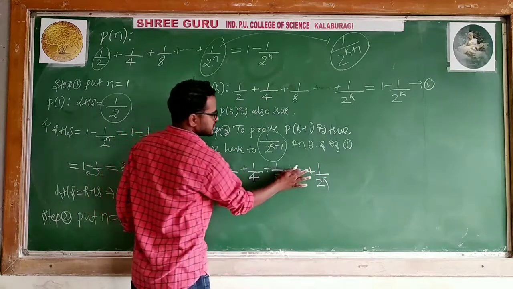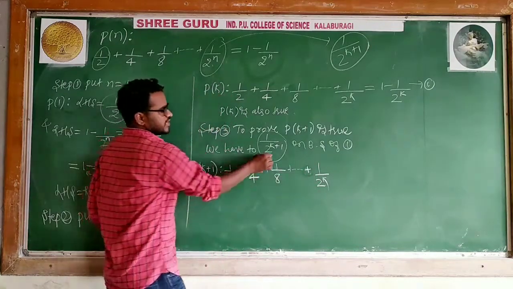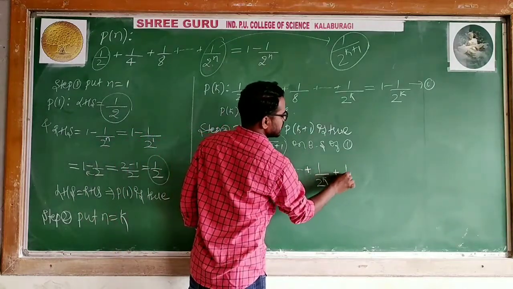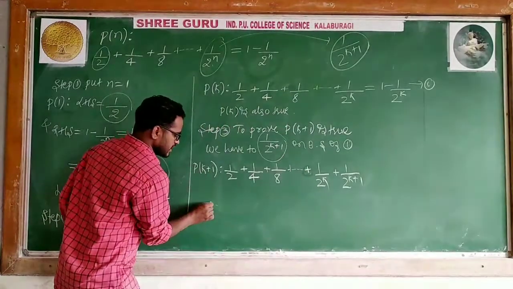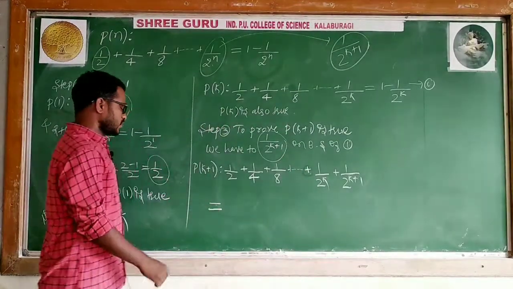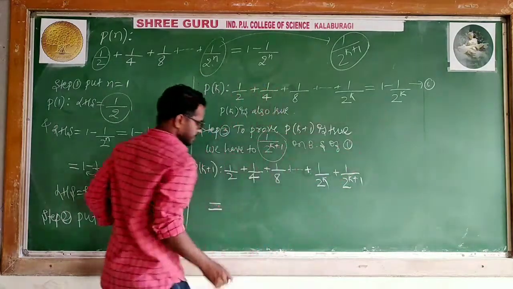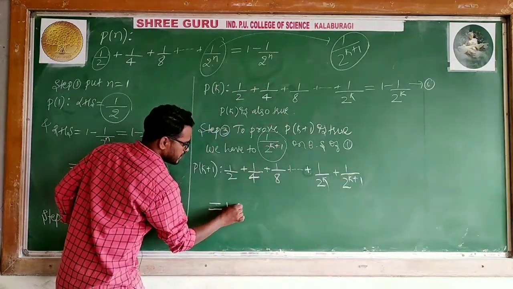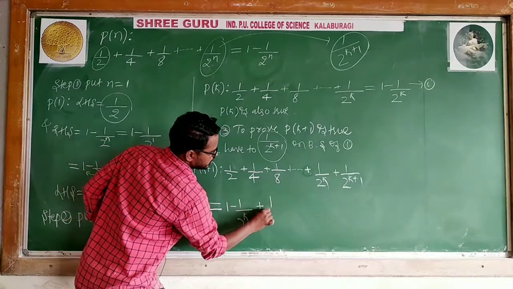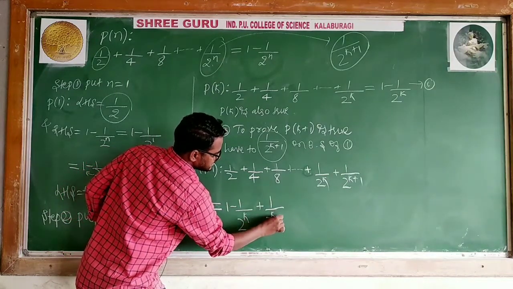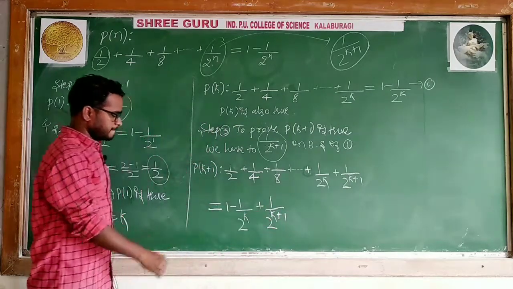If you are proving for k plus 1 number of terms, we have to add plus 1 divided by 2 to the power k plus 1. This is the LHS side. On the RHS side you have 1 minus 1 divided by 2 to the power k. What we are adding is 1 divided by 2 to the power k plus 1. Are you getting it? Yes. This is the addition term.